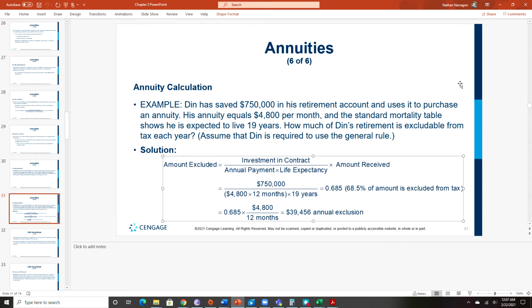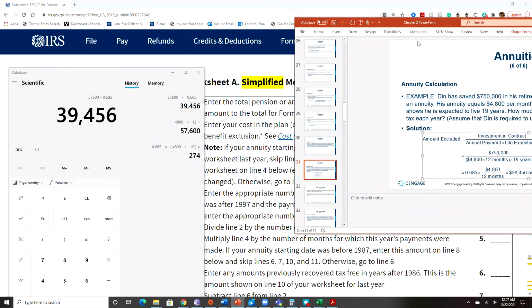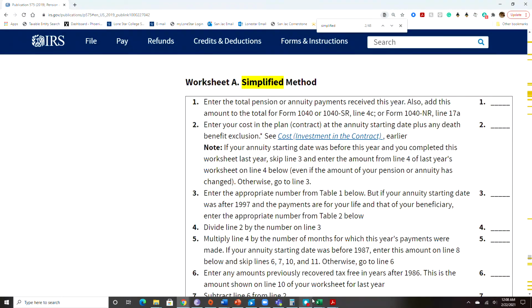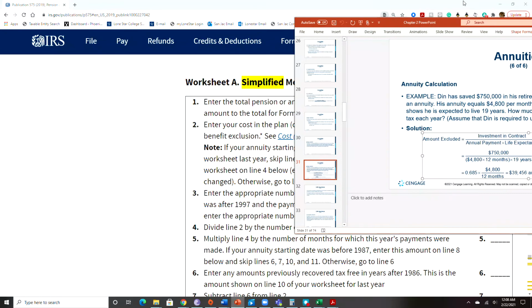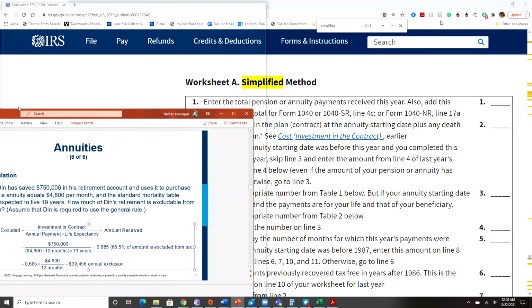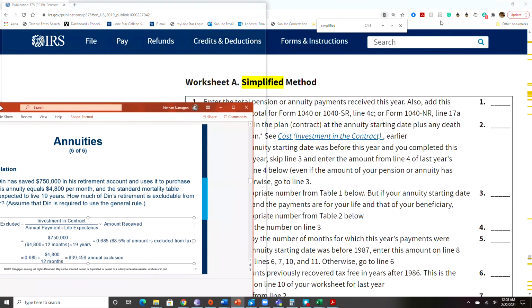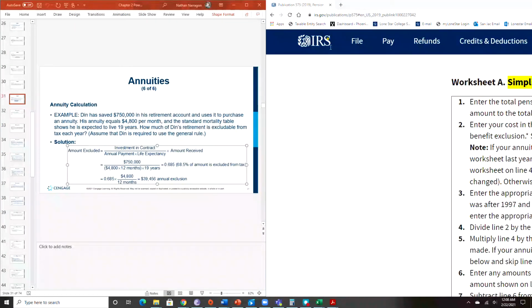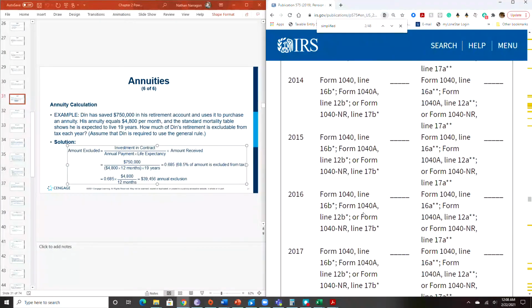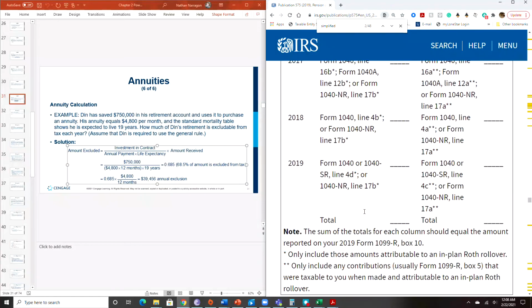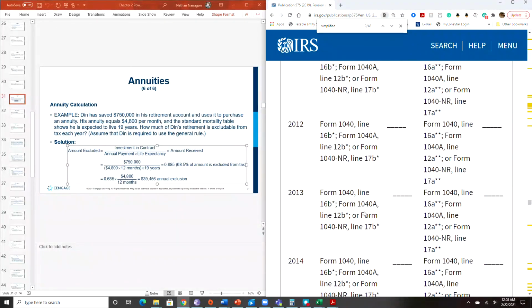Alright. So let's go look at the simplified method. I'm just curious, will it come out to the same amount? Doesn't hurt, right? So, simplified method worksheet. Let's pop out the PowerPoint. Are we still in the right spot?